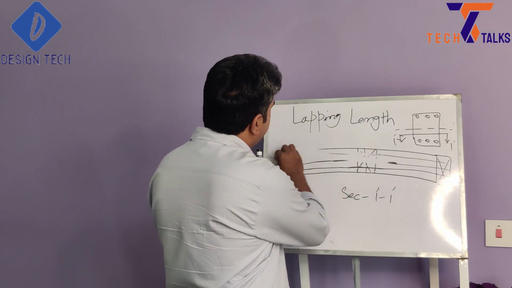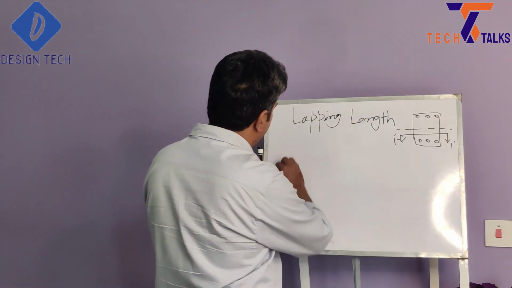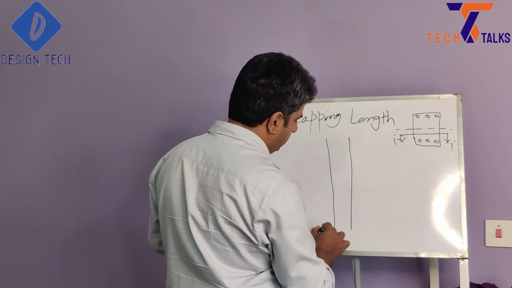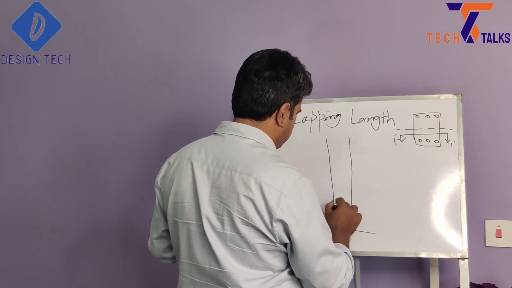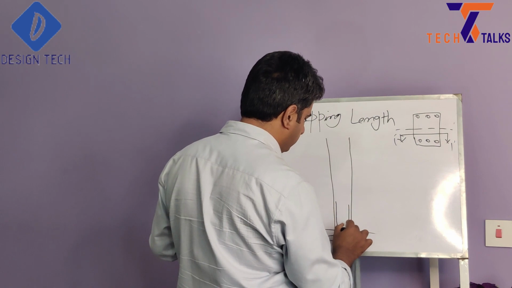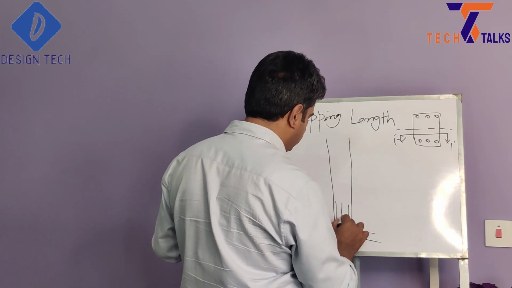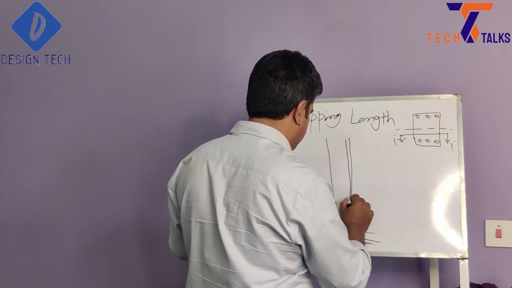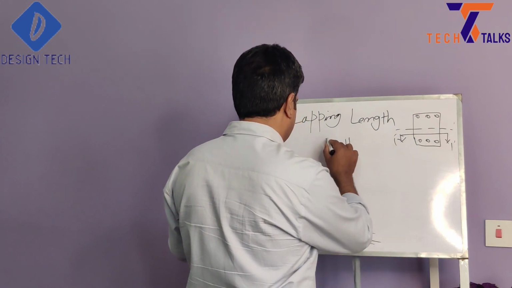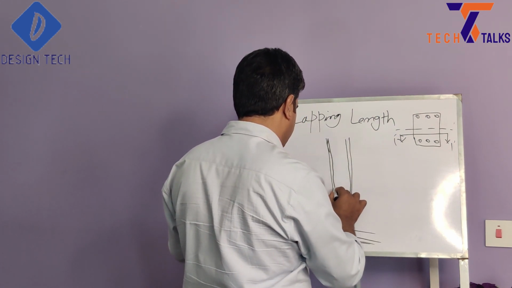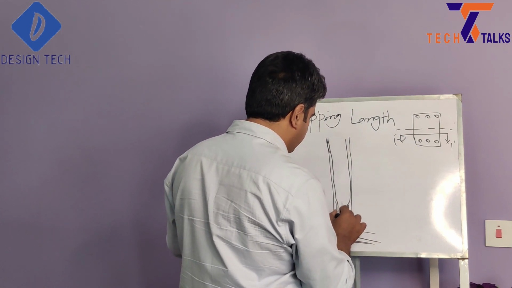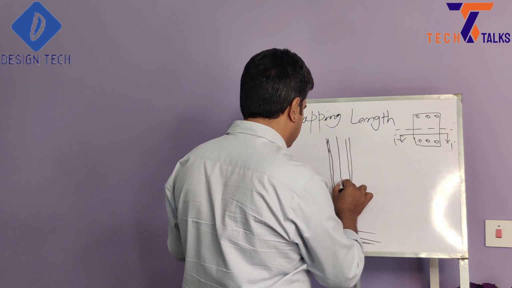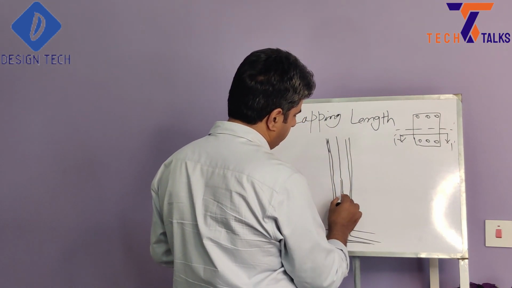If we manage in this way, we can achieve the maximum strength of any structural element. Now we will see how to provide that lap length in our column. This is our column, this is the footing. Suppose this is the dowel bar length, and we need to provide the lap here. We need to provide the lap here, but the alternate bar lap should be something like this.